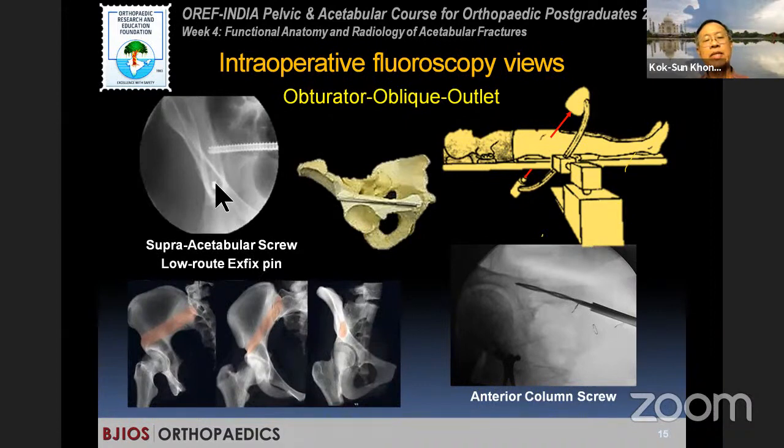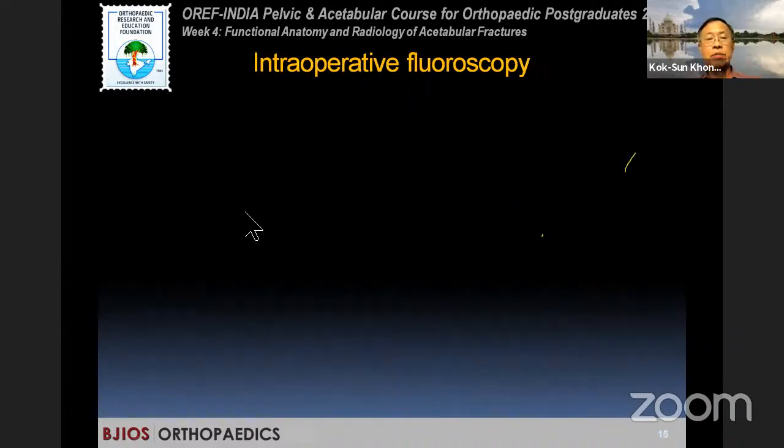If you enter in the center of this so-called teardrop, you will be totally in bone, and you have a very long pathway for your supra-acetabular external fixator pin. You can put large ones in there. But if you're doing X-rays, this is the view to take. Obturator outlet.